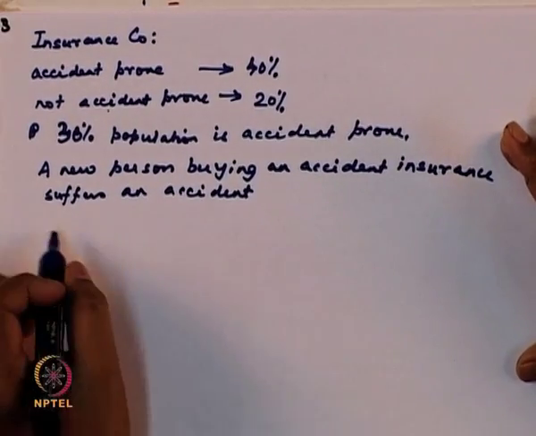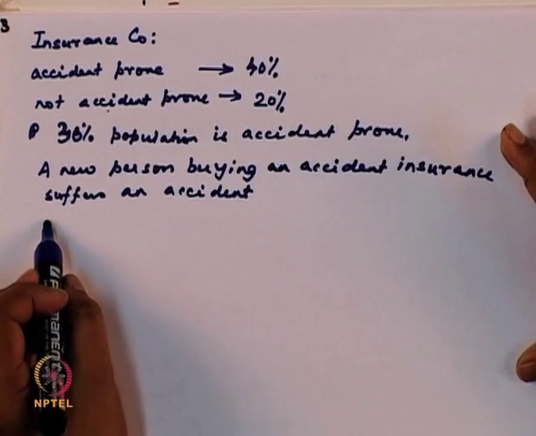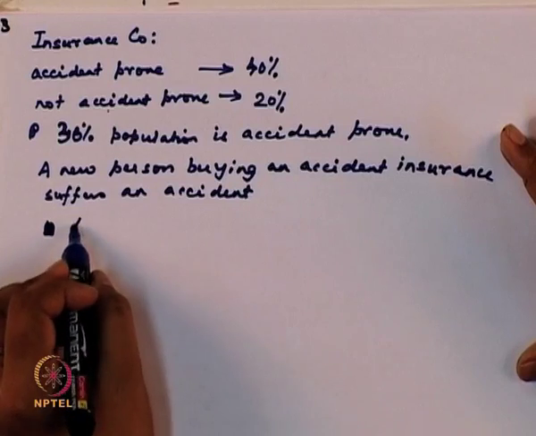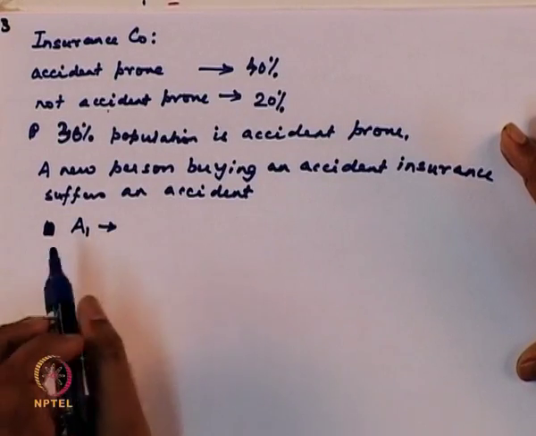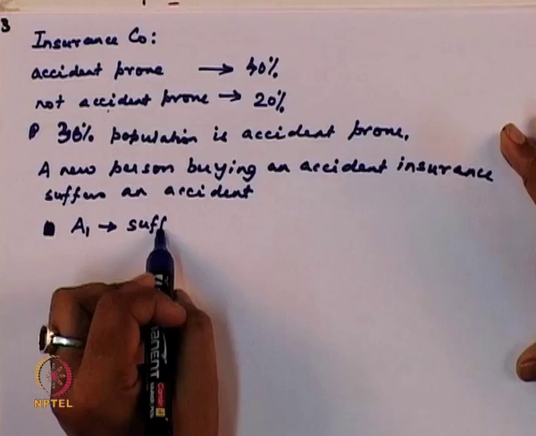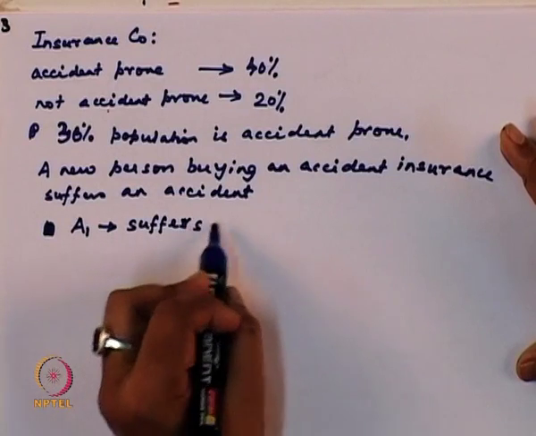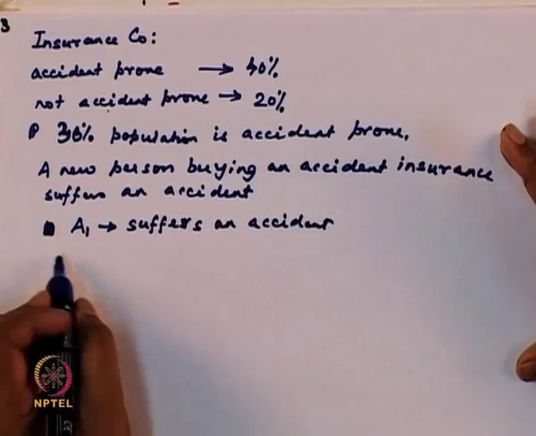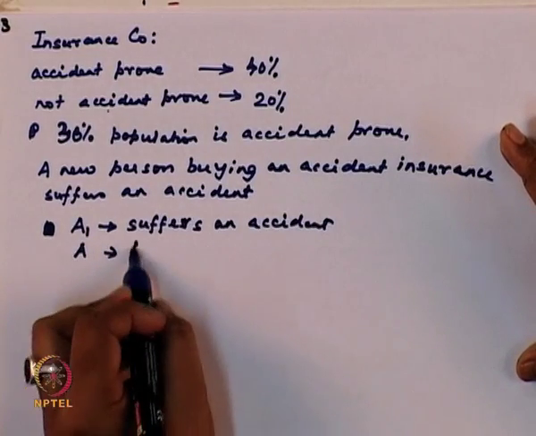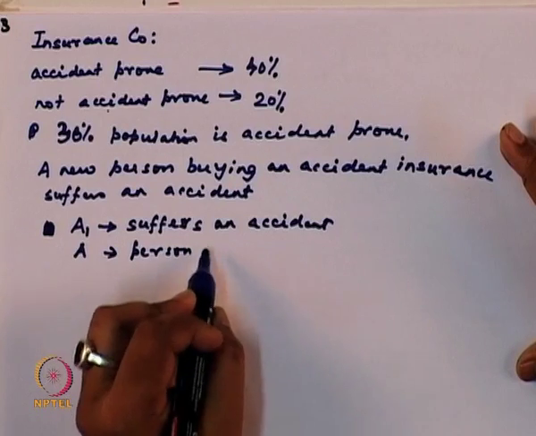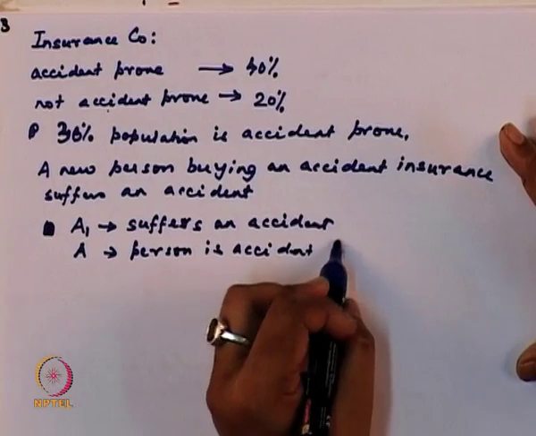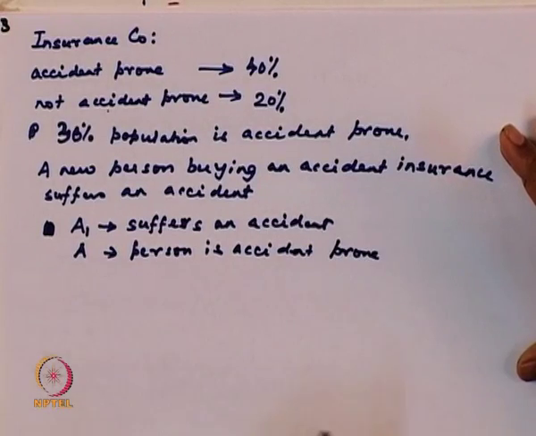So, we have to define events. Let us say we define an event A1 as the person suffers an accident, and A as the person is accident prone.